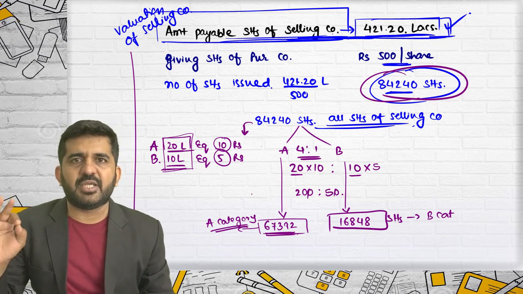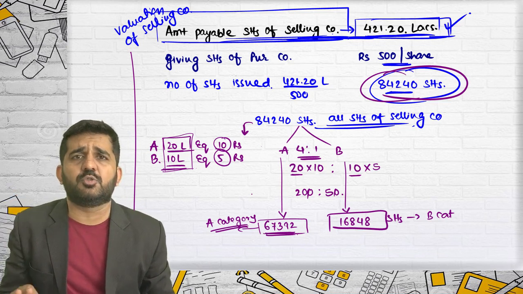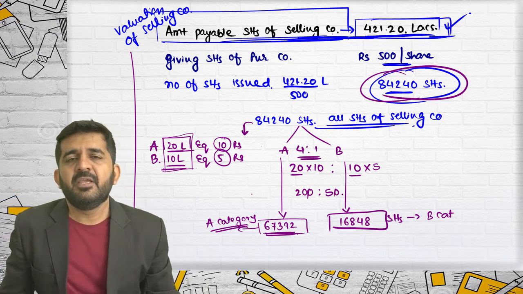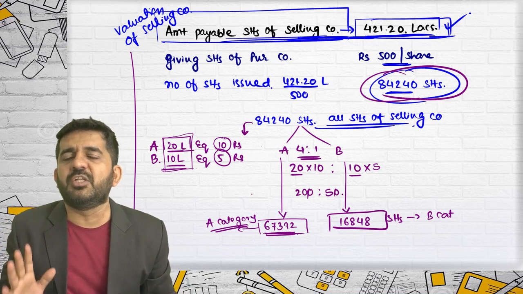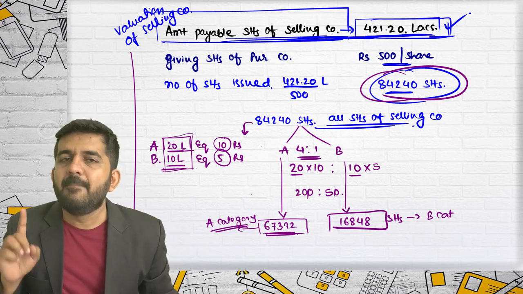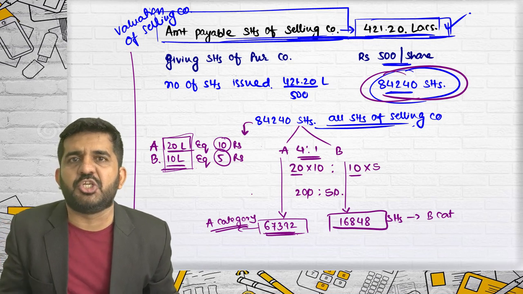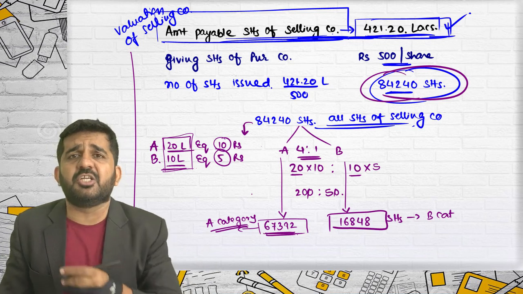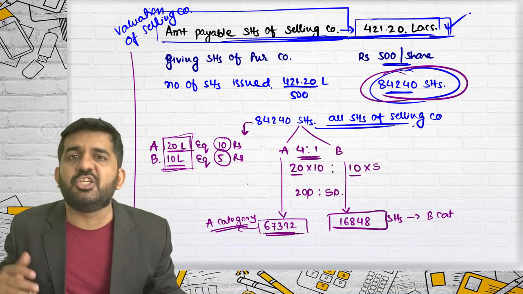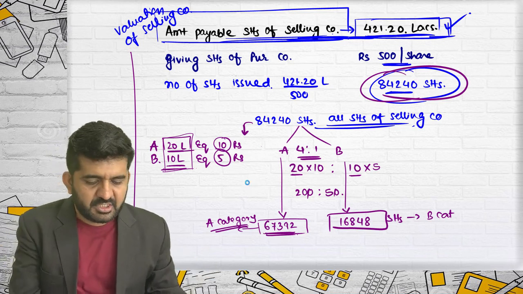See, thus I tell to n number of students who make mistakes: it is not relevant to solve 100 questions without understanding them. Better is to solve 5 questions with understanding what is asked and what is not. Exchange ratio is not asked over here, still I have found it out.